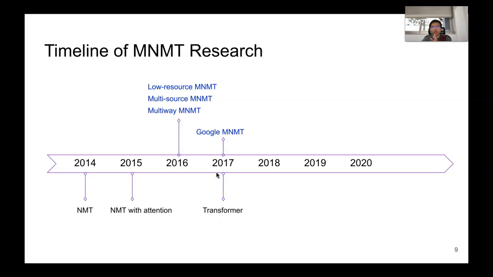In 2017, they released the transformer model. And from then, all MLMT studies or sequence-to-sequence or generation tasks are usually based on the transformer structure. And in 2018, we had the BERT model, the pre-trained language model based on transformers, which has had a very big impact on NLP research.